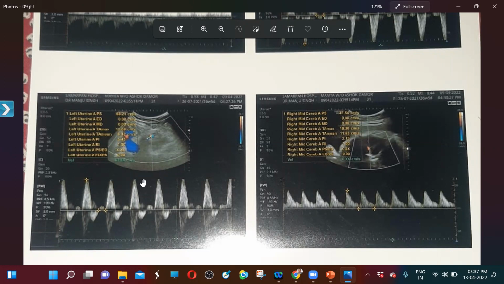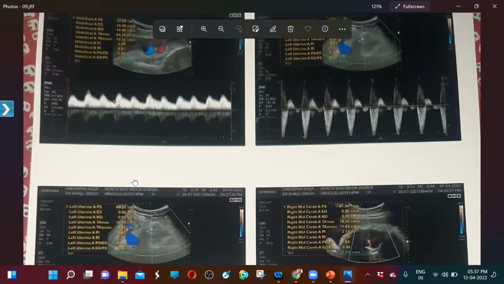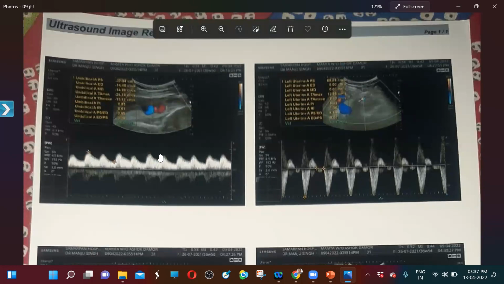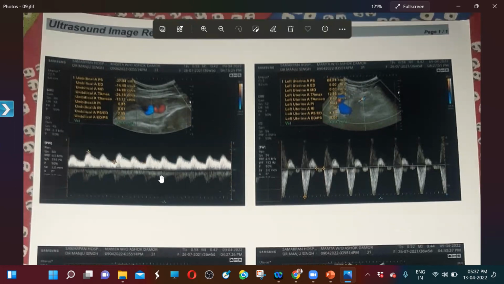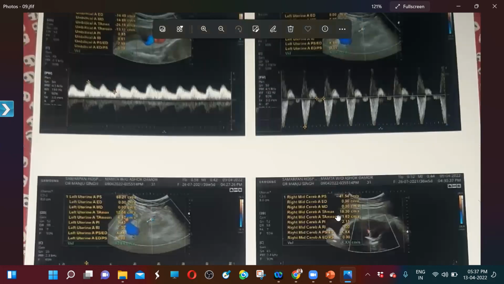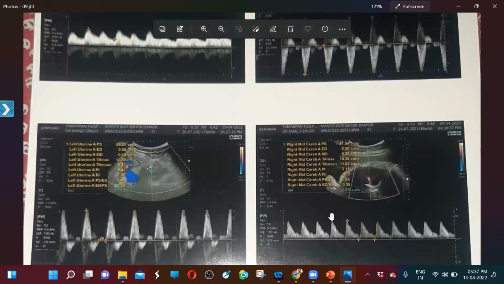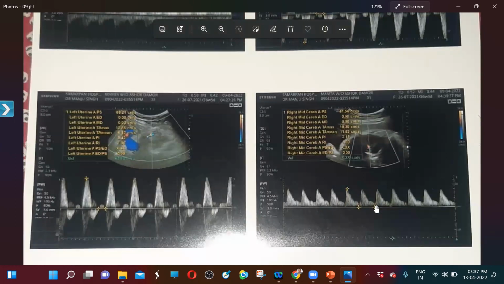Now the left uterine artery is abnormal. Then what is the status of the umbilical artery? Let us go for the umbilical artery. Now the S/D ratio of the umbilical artery looks not very abnormal, but the diastolic flow looks dipped. So it means that there is placental obliteration. Oh my God, what is the status of the middle cerebral artery? Middle cerebral artery is over here.